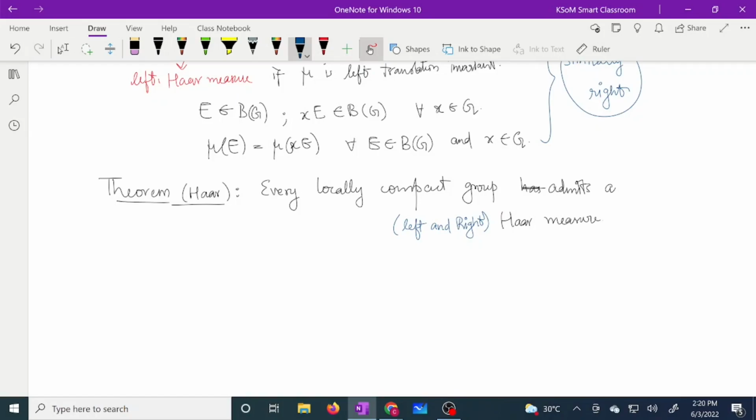So let us take a small example. If you wanted to integrate, let's say, the integral from 0 to 1 of f of x dx, we will make the change of variable t equals x plus 1, and we will simply write dt equals dx.